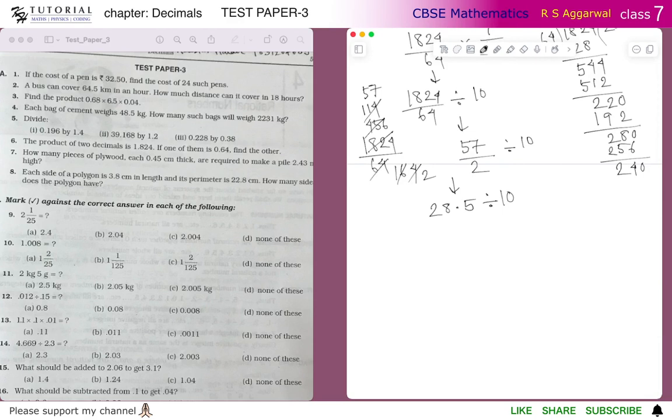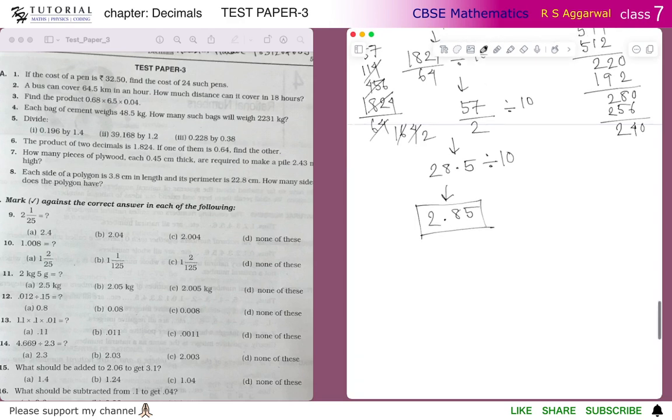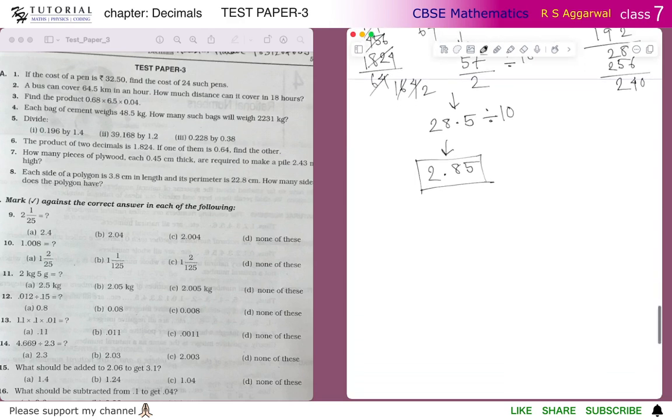Yeah. Now 28.5 divided by 10. We have to shift the decimal point to the left by one place, and it becomes 2.85. So this is the answer. The other number is 2.85.